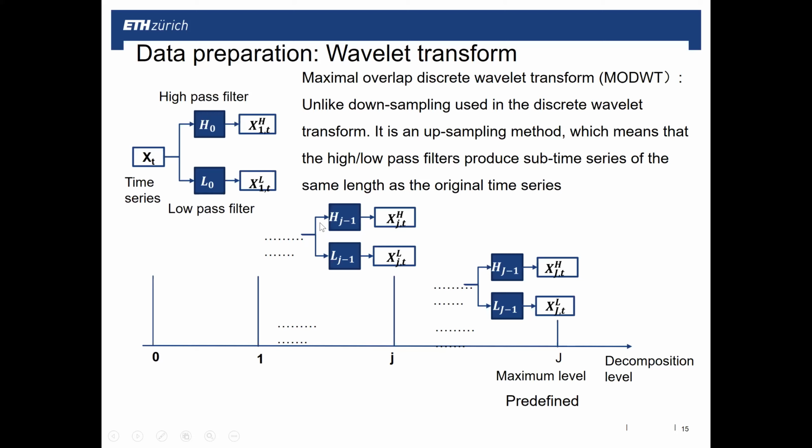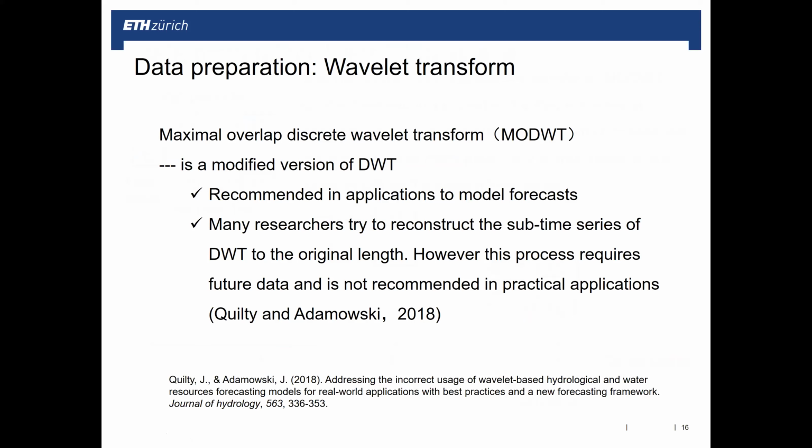You continue to put this time series through a high pass filter and a low pass filter, then get another two sub-time series at this decomposition level, and you continue to decompose until you reach the maximal decomposition level, which is predefined. So you have to define the number before you start the decomposition process. This is the maximal overlap discrete wavelet transform.